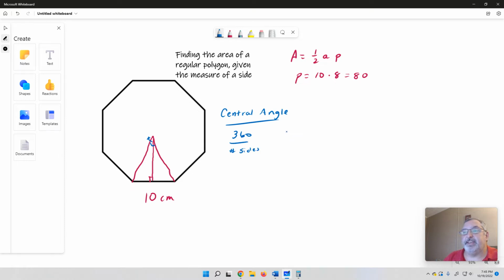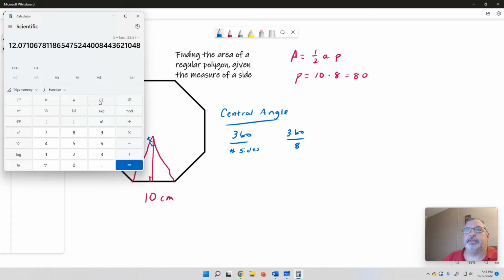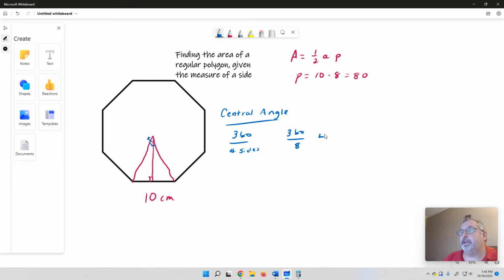In this case, I have 8 sides, so I'm doing 360 divided by 8, which gives me 45 degrees.